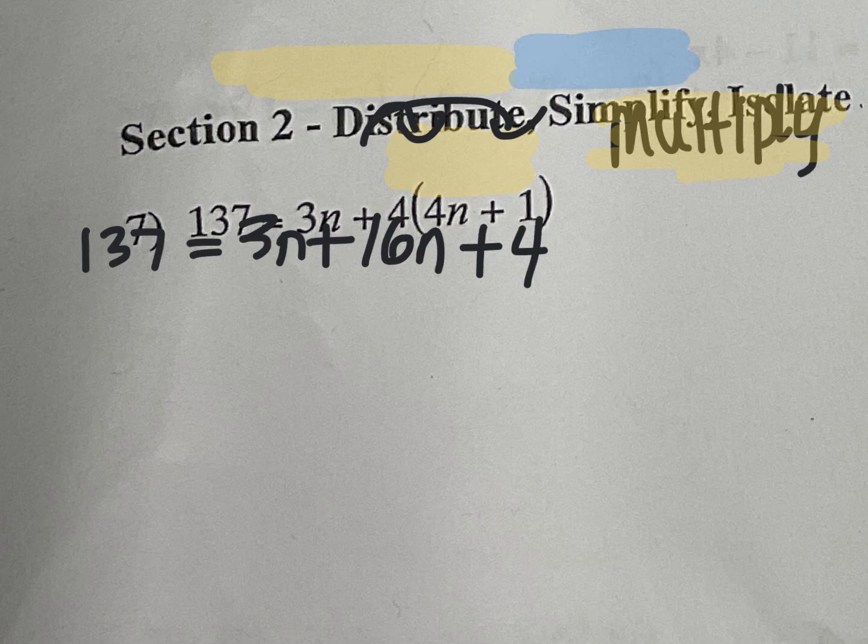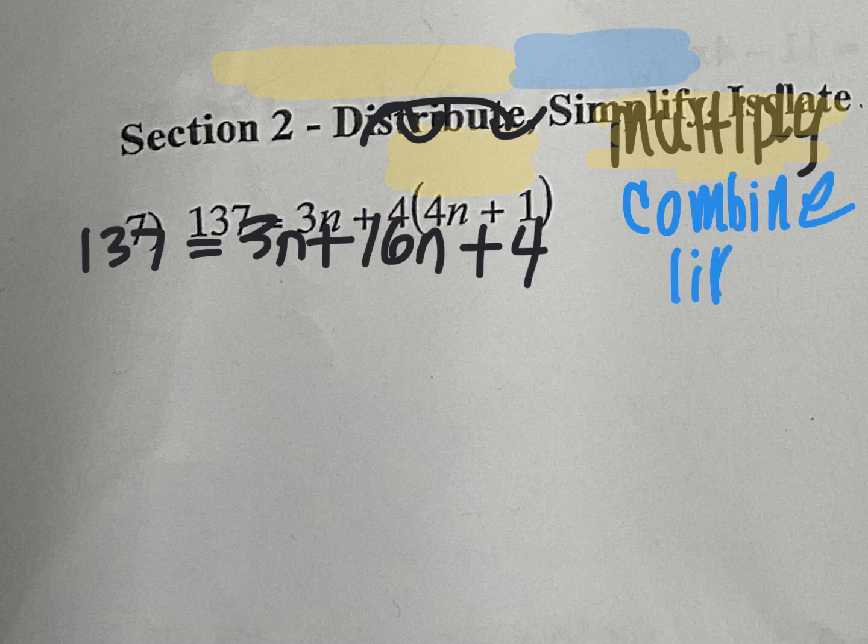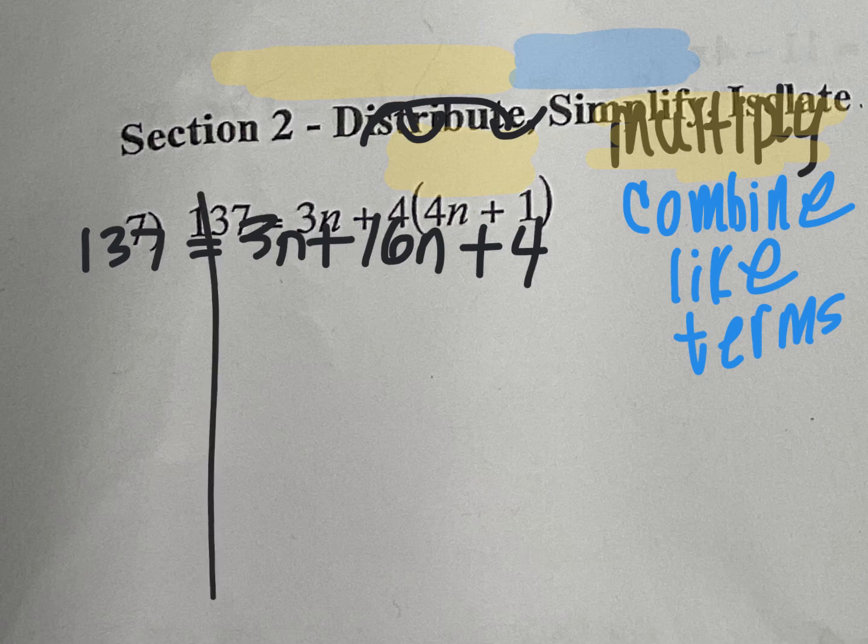We're going to simplify, and we're going to simplify by combining like terms. Every problem in section 2, after you distribute, you've got like terms to combine. What are the like terms that are in this particular equation? Somebody help me. What are those like terms right there? What's the same thing? 16n.